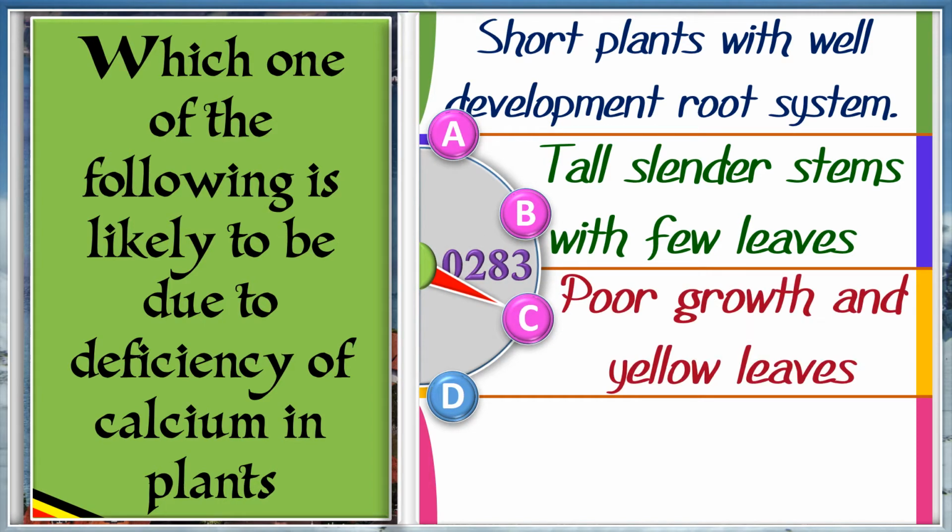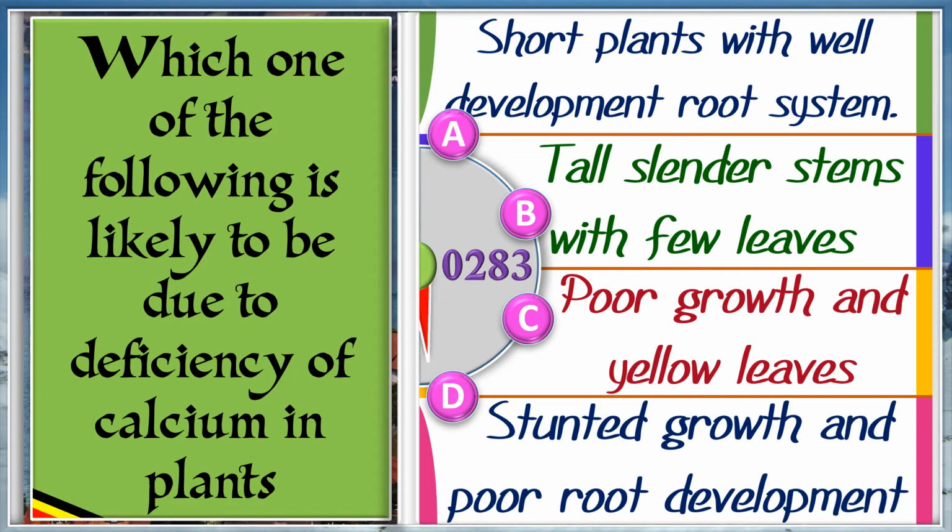C. Poor growth and yellow leaves. D. Stunted growth and poor root development. And the answer is D. Stunted growth and poor root development.